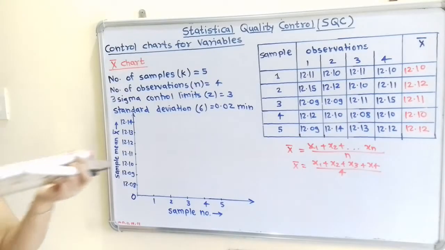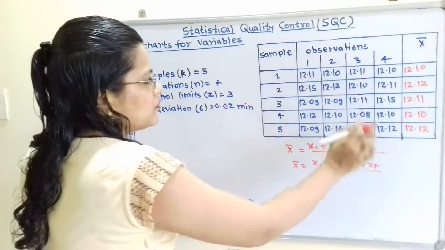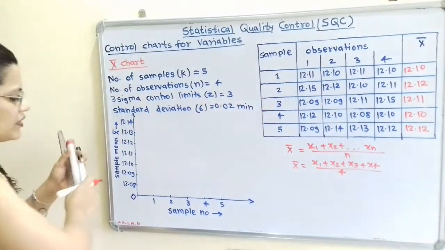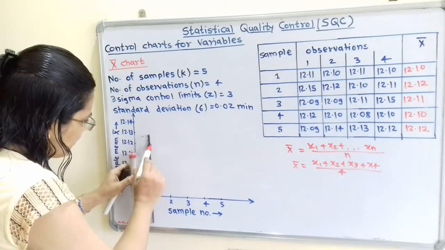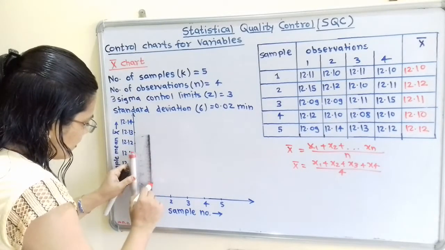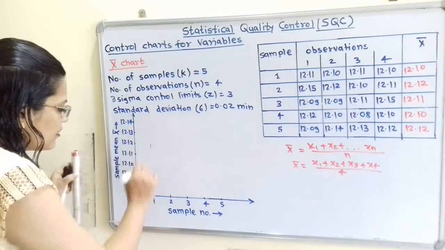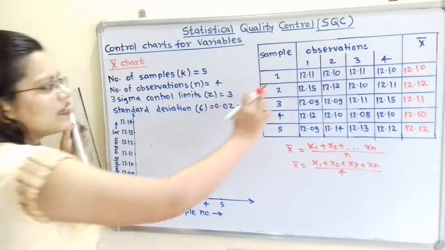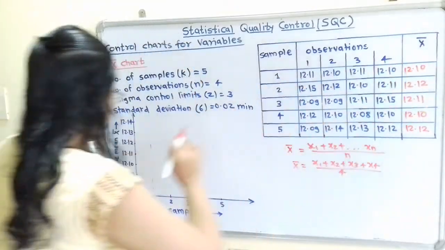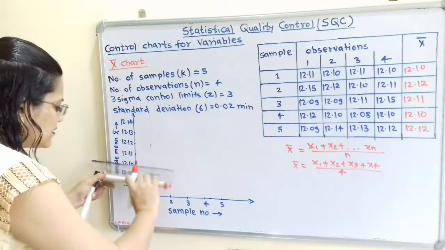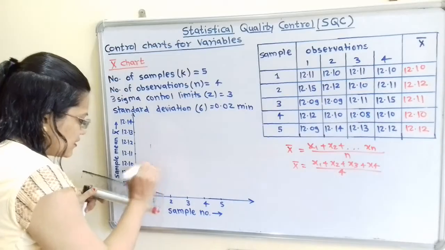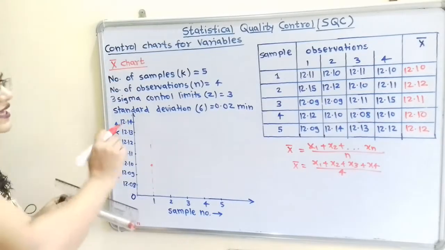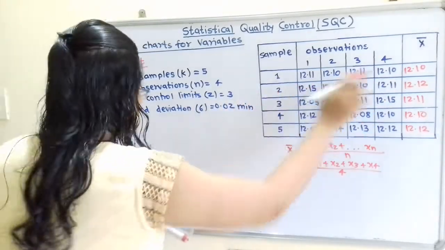Now how to plot these numbers? For the first sample, here is the vertical line. I will draw a rough line here, and along this vertical line we have to plot 12.10. So 12.10 is here. I will show one point with the help of a red marker. Then for the second sample it is 12.12.